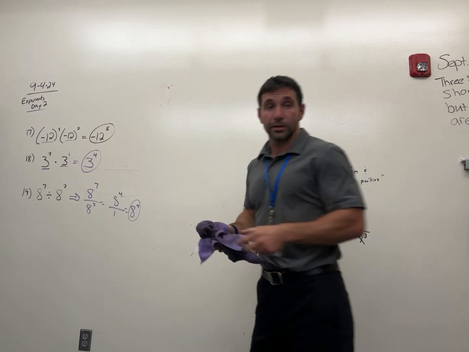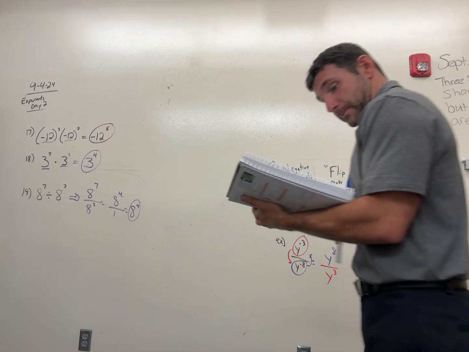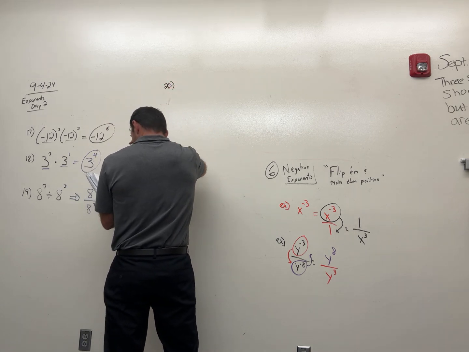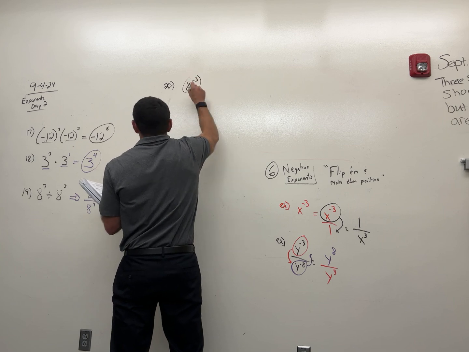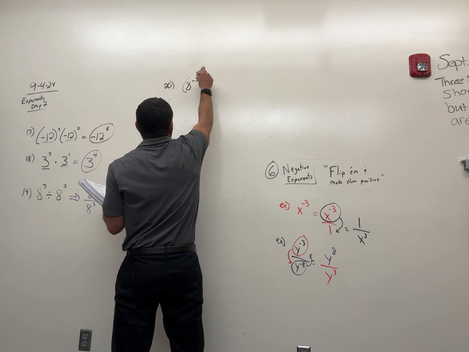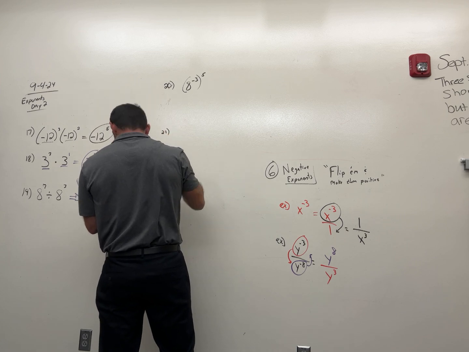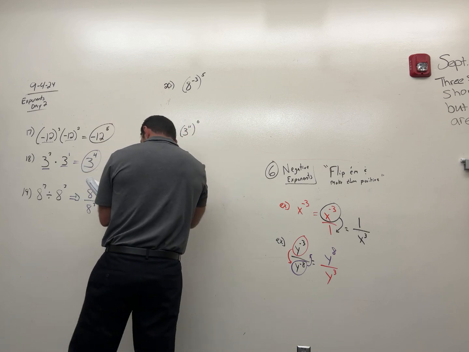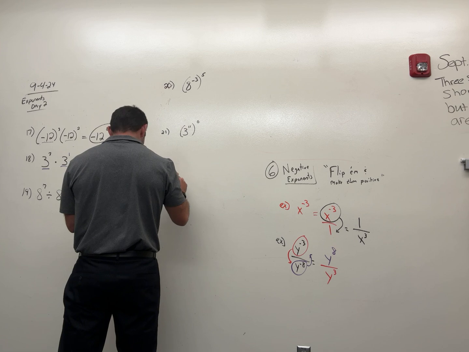Okay, so you might have to look on somebody's book, but we're doing 20 and 21. So let's do 20, 21, and 22, because these will be pretty quick.